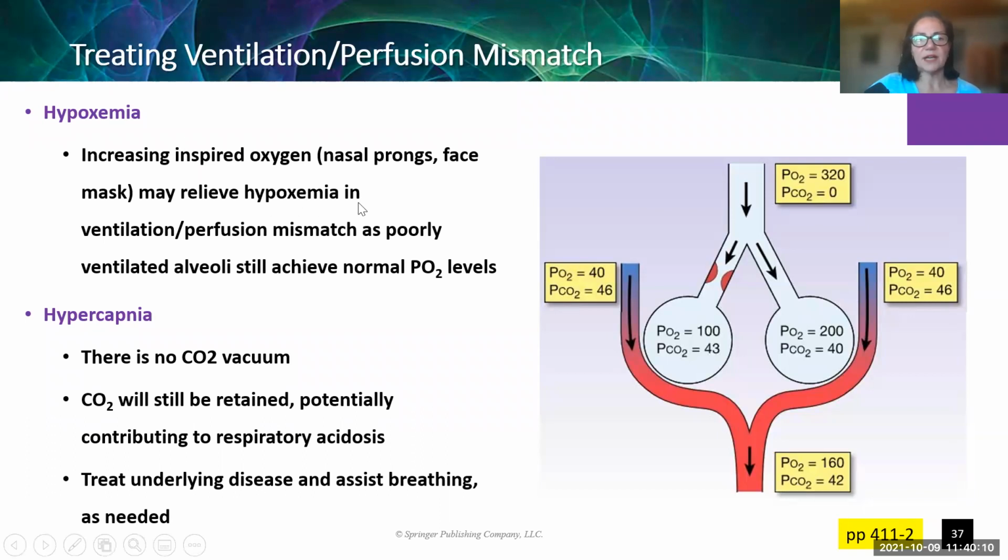This may relieve hypoxemia in the ventilation perfusion mismatch, because even this poorly ventilated side, if you jack up the oxygen amount, you're going to get that to a normal level. The other alveoli will be super oxygenated. But at any rate, the goal is that you're going to have well oxygenated blood going back to the heart.